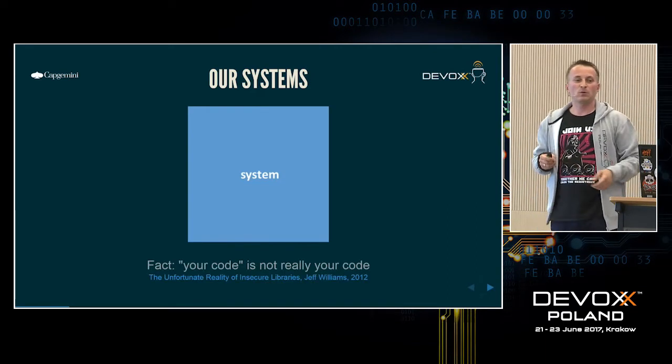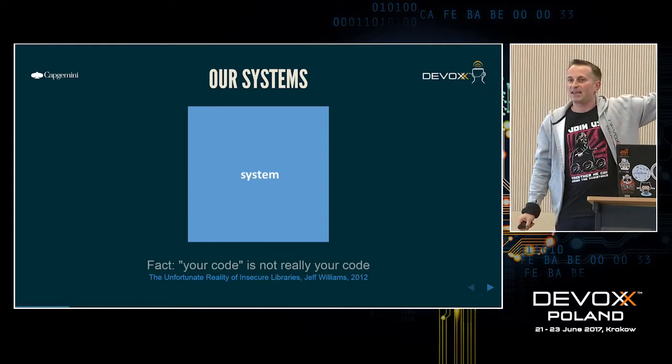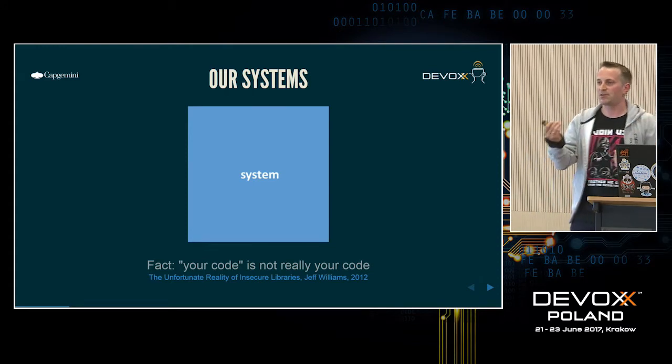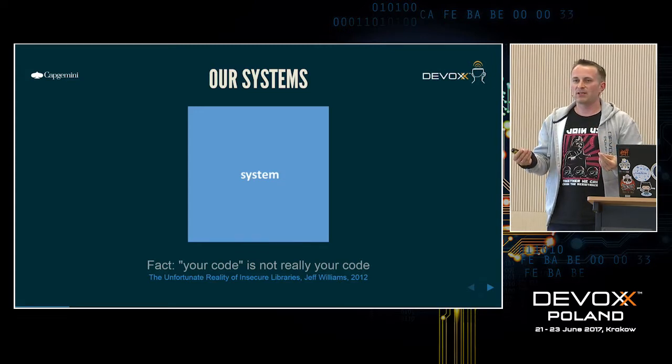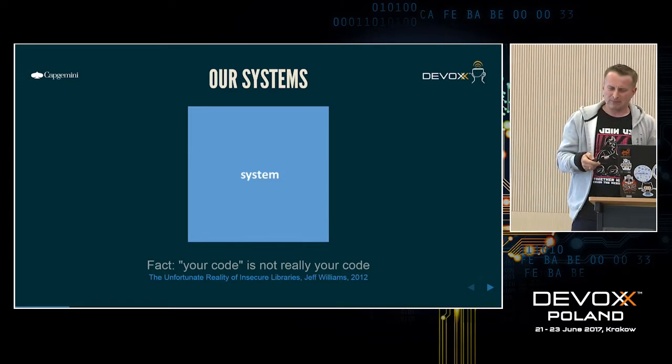If you look at this white paper, the researchers say that 80% of what you think is your system is not your code. Those are open source libraries, those are servers that are running your code. Just think about it.